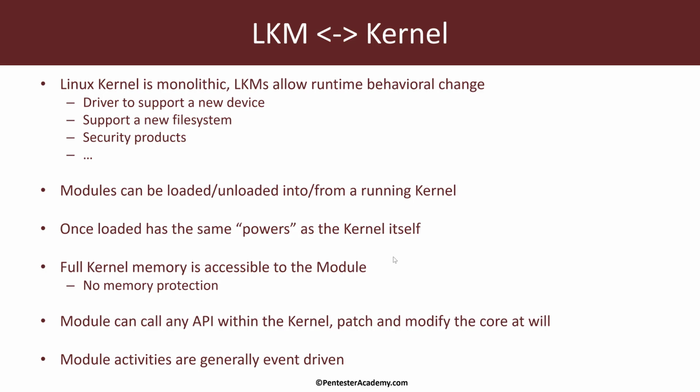So are LKMs, once they are loaded into the kernel, any different? Are they treated in a different way? Not at all. So once a loadable kernel module is running in the kernel, it's as good as being part of the kernel and has all the superpowers of the kernel. So it can change memory, it can play with processes, can do whatever the kernel can do.